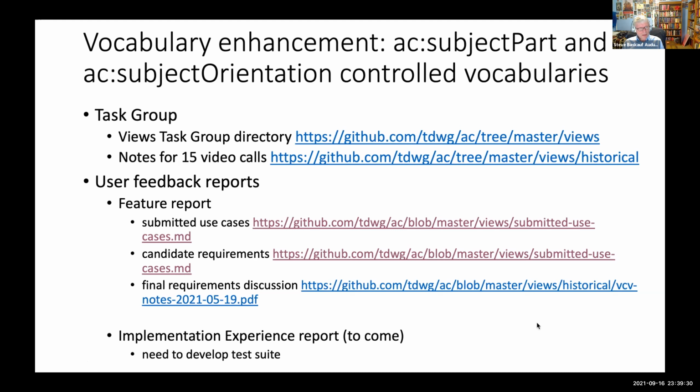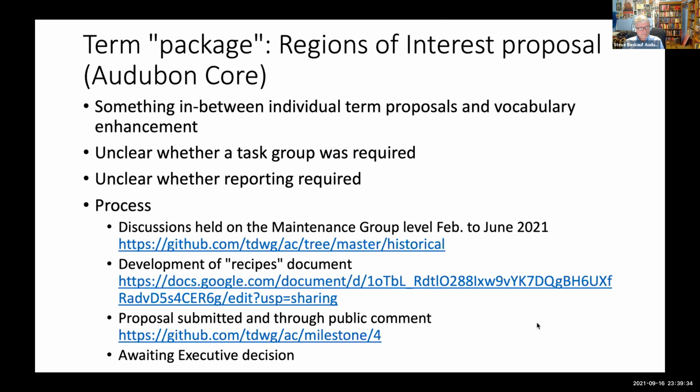Now, sometimes there are situations where they're not quite complicated enough to be in this category of vocabulary enhancement. An example was the regions of interest proposal that recently came up in Audubon Core.